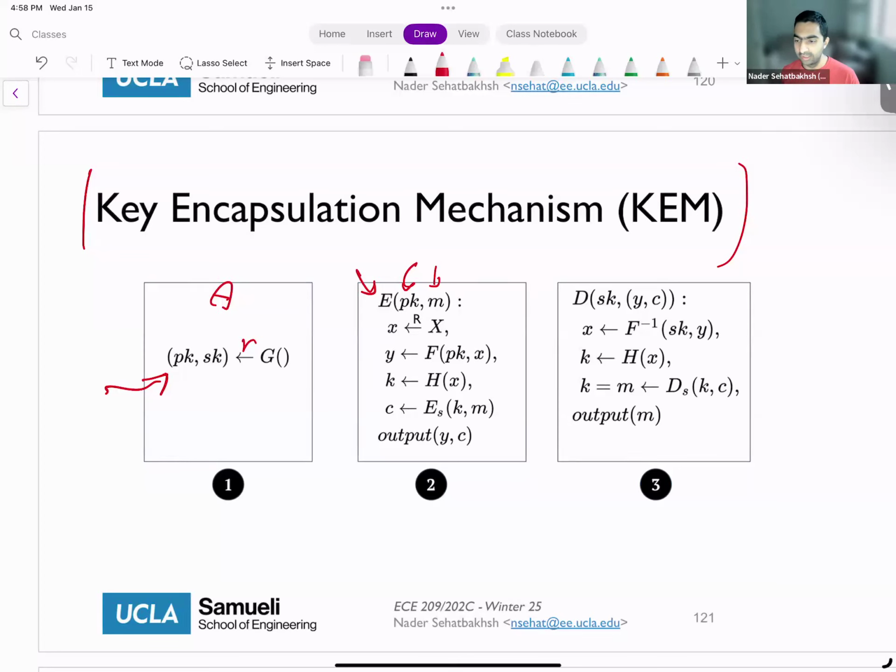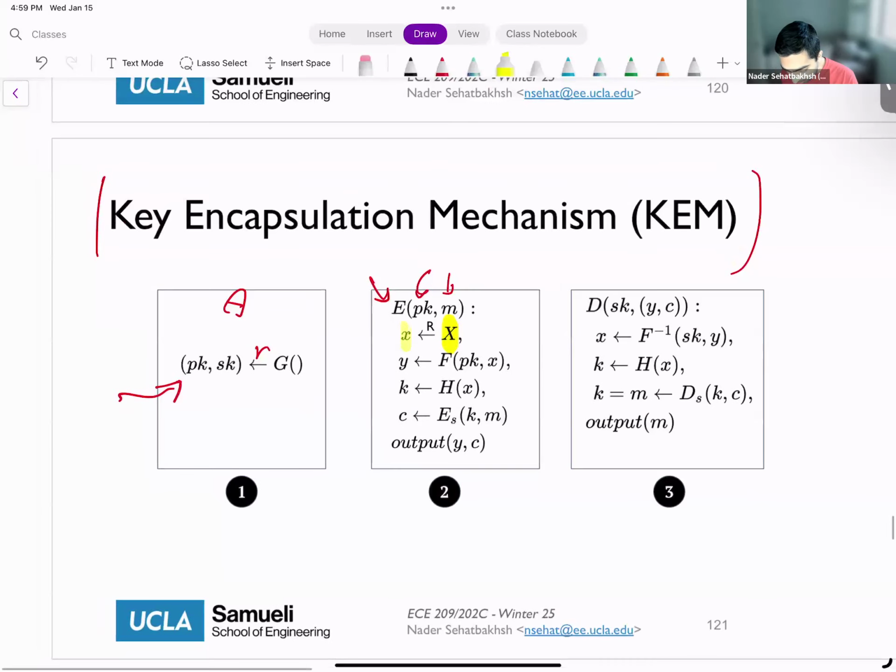What I'm going to do is this. Remember I told you I don't want to use the message directly. I want something that is uniformly distributed. So here's the trick that I'm going to use. I'm going to take a domain X. This domain could be, let's say, any number between 0 and 2 to the power of 127. I'm going to randomly sample a number, so I'm going to basically generate a random number.